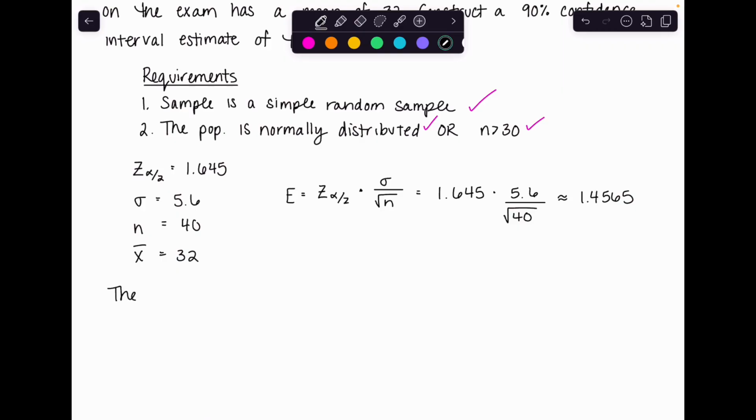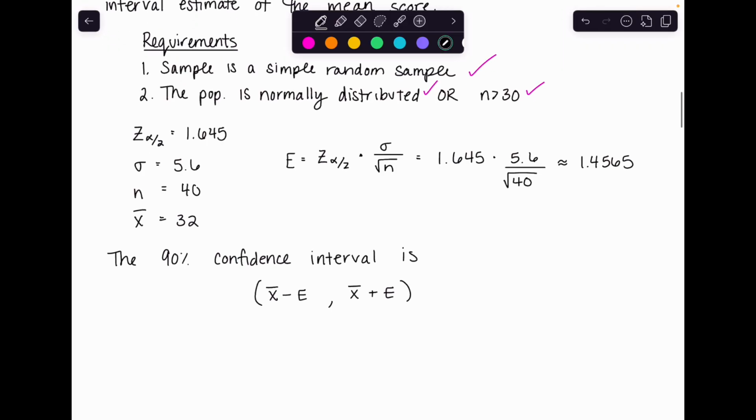So the 90% confidence interval is we take our mean and we add that error. We take our mean and subtract that error. So this tells us 32 is our mean.